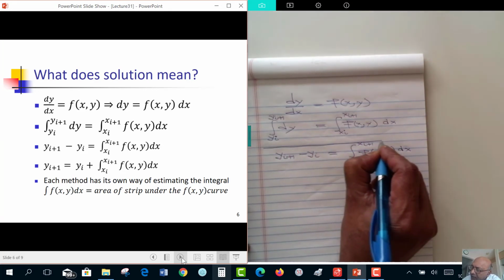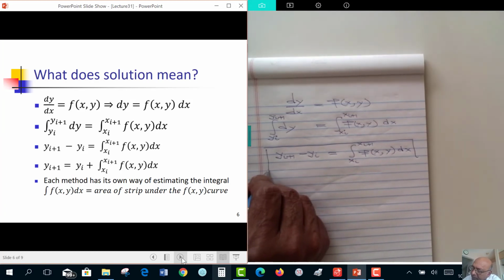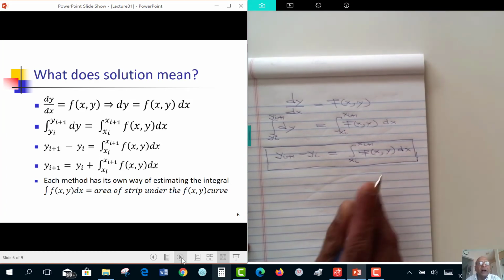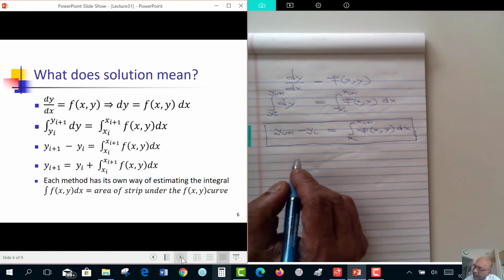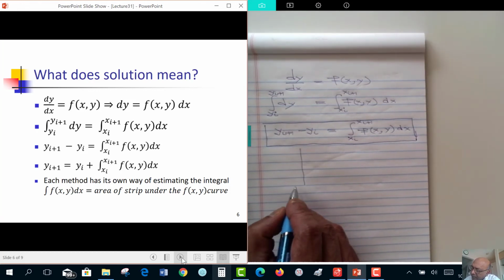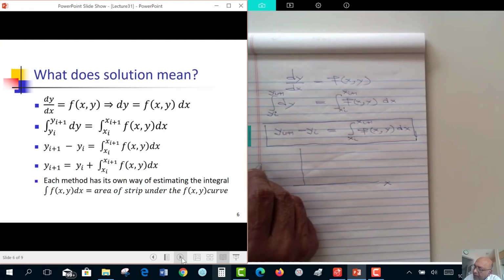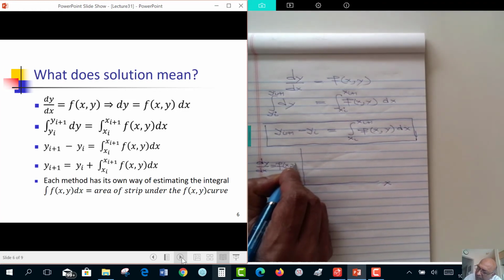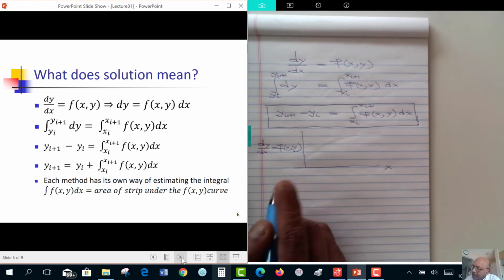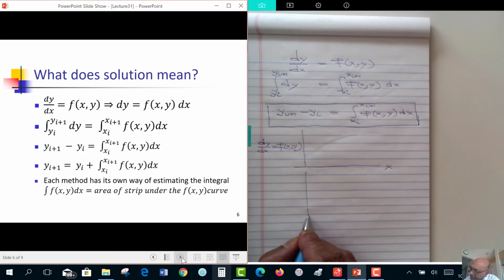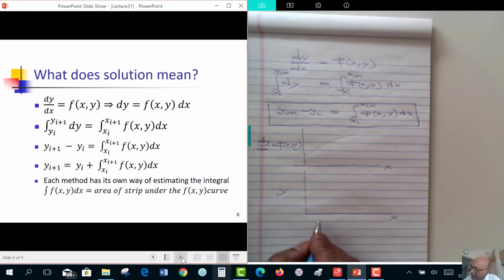So let's see what this means graphically. So here is x, and here is our dy/dx, which is a function of x, y. Underneath it, I'm going to draw y, and at xi, we know yi.